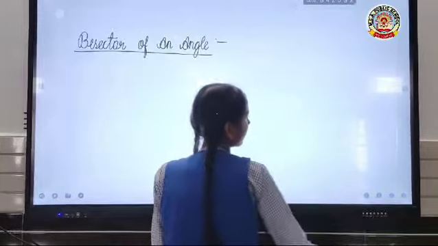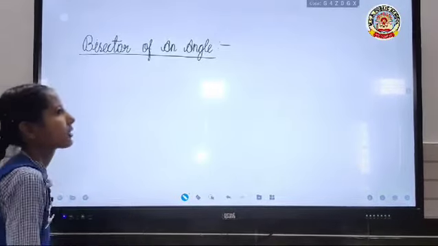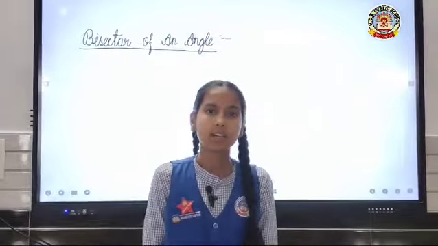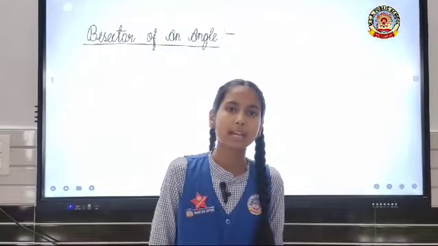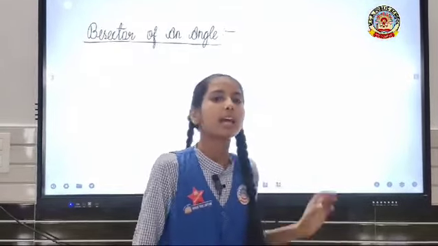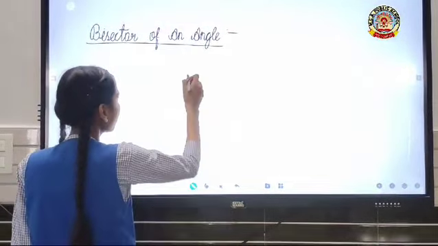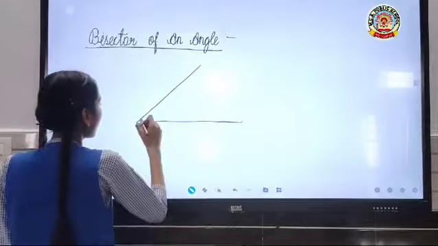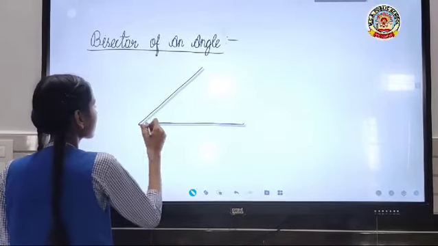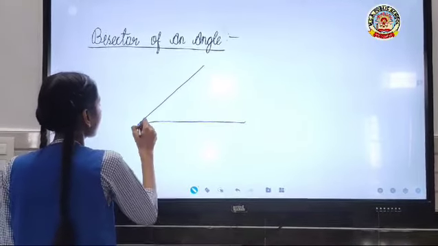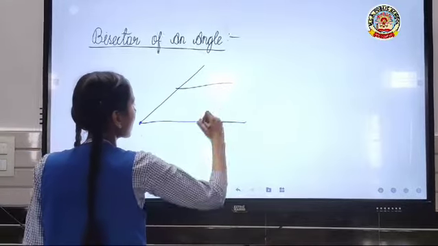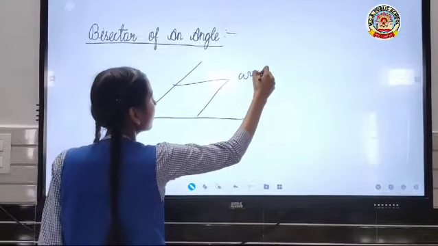Let's move to the next topic, which is the bisector of an angle. If a ray divides an angle into two equal parts, then it is called the bisector of an angle. For example, this is an angle, it has a vertex, and these are called the arms of the angle.